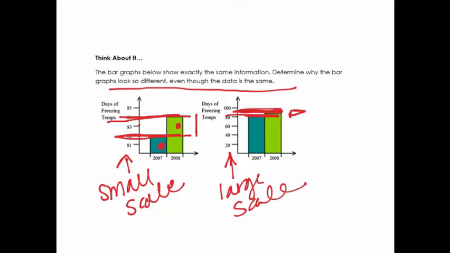And it also really makes this one look drastically different, where here you wouldn't think that the amount of freezing temperatures between 2007 and 2008 was a big deal. They're pretty close together. We probably wouldn't even talk about this graph if it was in front of us, but this first graph definitely looks like there's something major going on until you look at that scale.